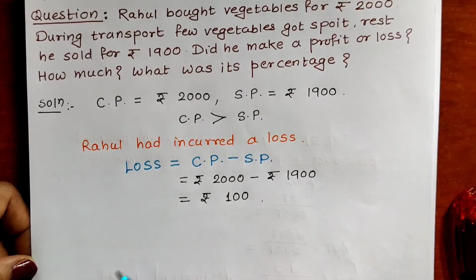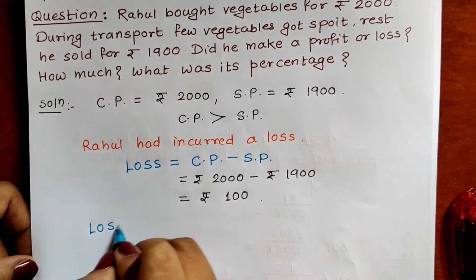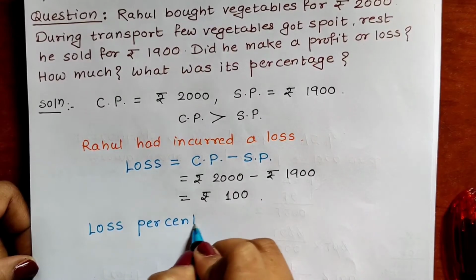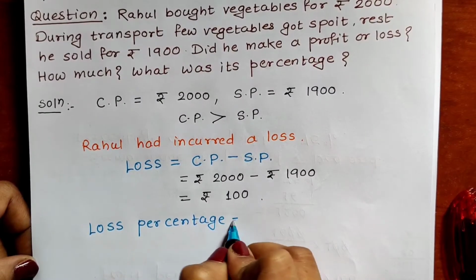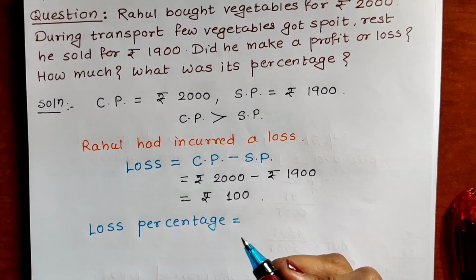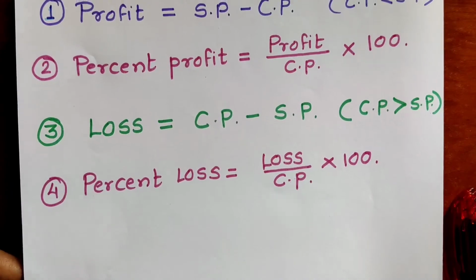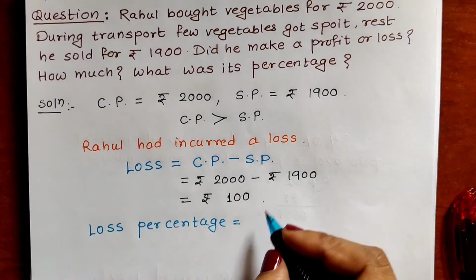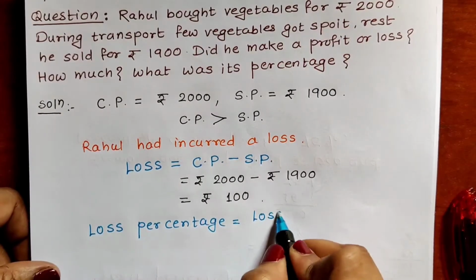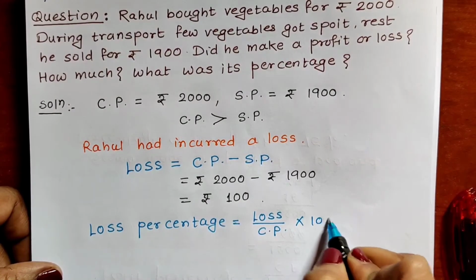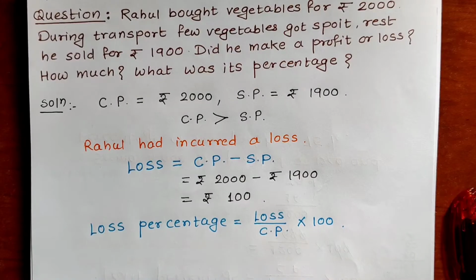So let us write the loss percentage formula. What formula did I show you in the beginning? Percent loss is equal to loss upon CP multiplied by 100. Now put the values.